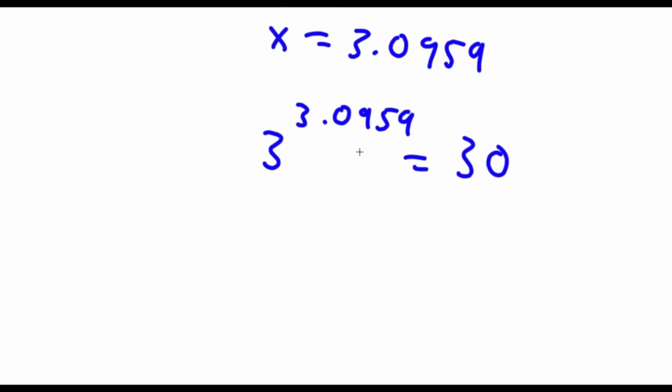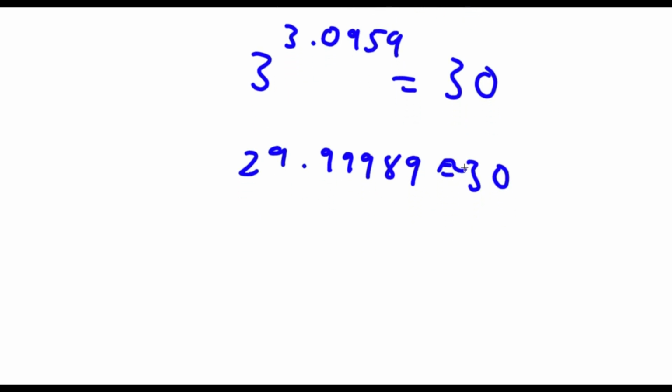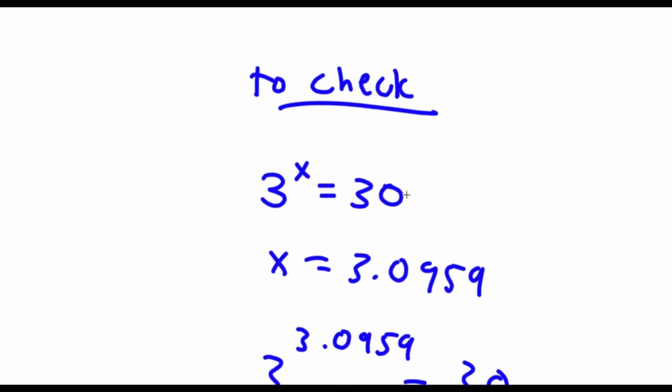Now 3 to the power of 3.0959 is equal to 29.99989, and this is approximately 30. So, meaning 30 is equal to 30. So our solution is right.